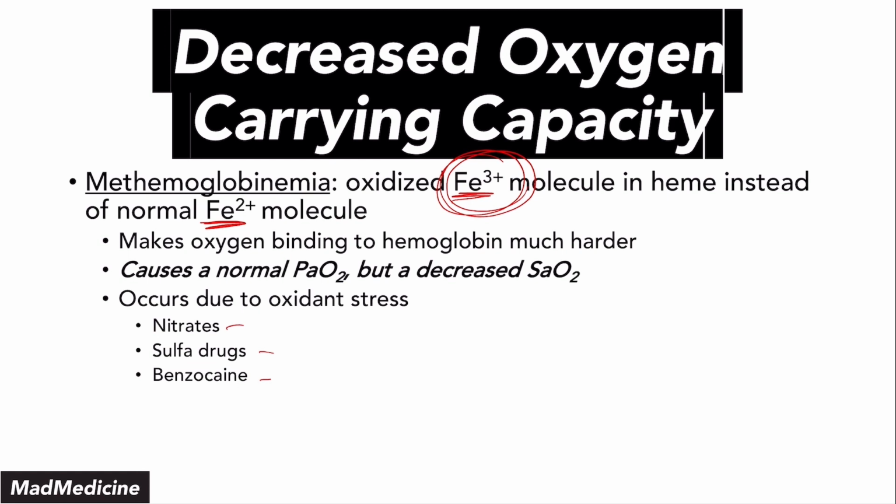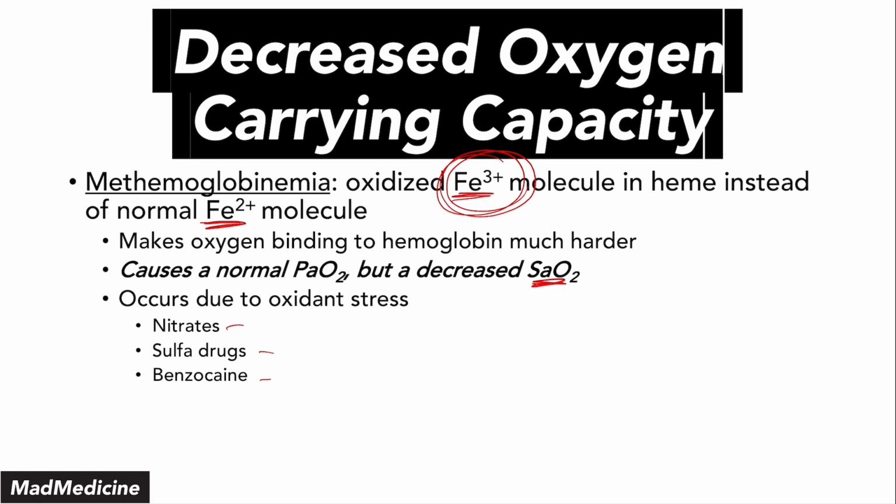So one classic presentation might be someone who went to the dentist and now is feeling hypoxic, not able to breathe, their oxygen saturation is really low. So what's going on? The hemoglobin has an iron that's become oxidized to Fe3+, making oxygen harder to bind to the hemoglobin, meaning oxygen is not being delivered.